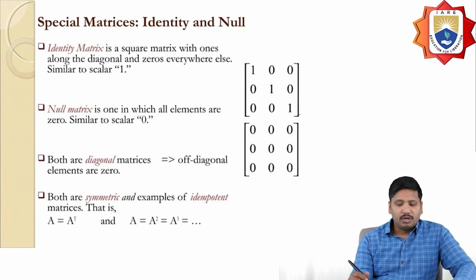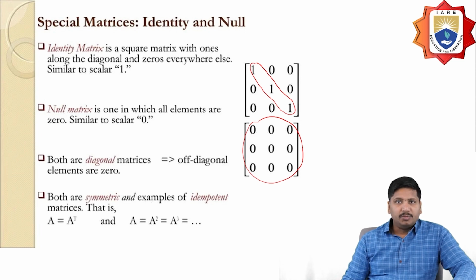If I consider an identity matrix like this, all the diagonal elements are 1. A null matrix means all the elements are 0. That is the only indication we use to represent it.